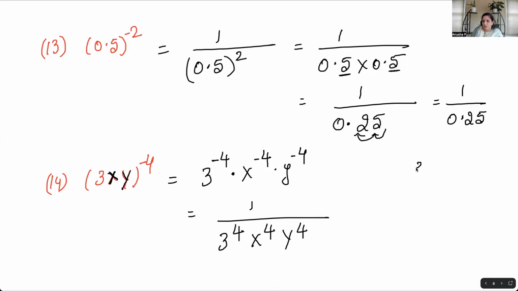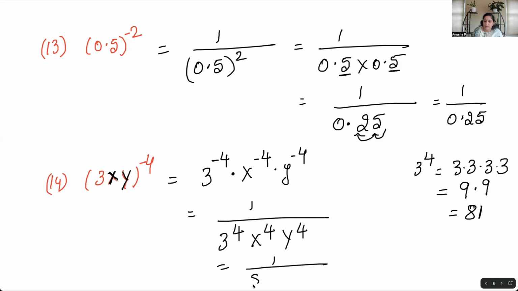So now we will do what is 3 to the power of 4, which is nothing but 3 times 3 times 3 times 3, 4 times, right? So 3 times 3 is 9 and 3 times 3 is 9. So 9 times 9 is 81. So you will write this answer as 1 over 81 x to the power of 4 and y to the power of 4.